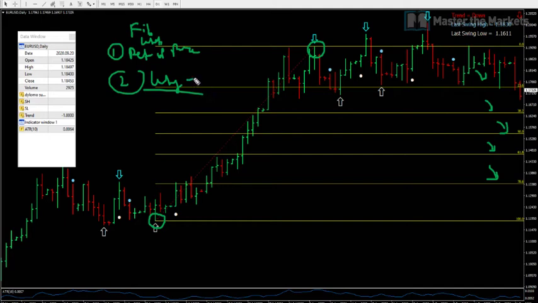Because it can also show you where the stops are for most traders, and that's the point where you can then get in. So in essence, knowing all of this just gives you better entry and exit points. Okay, better entry and exit points. So that would be two reasons why you use it.